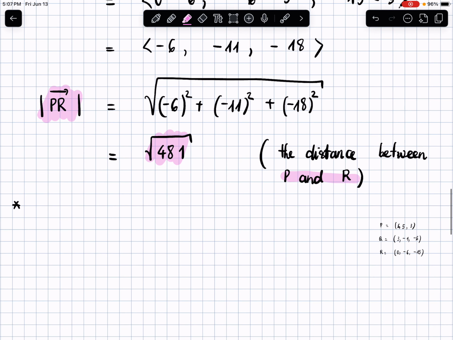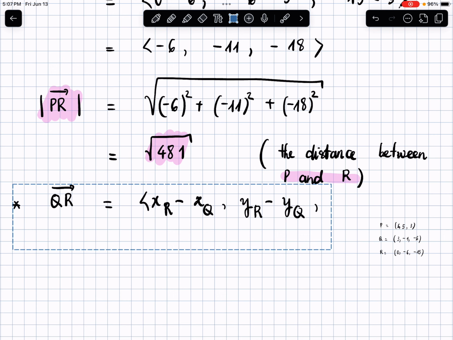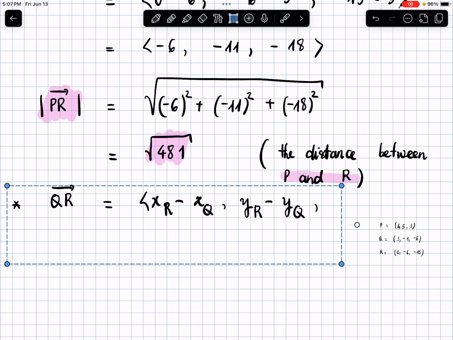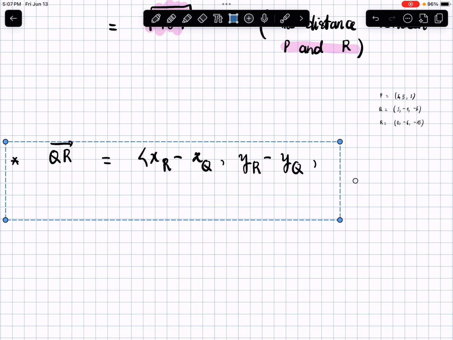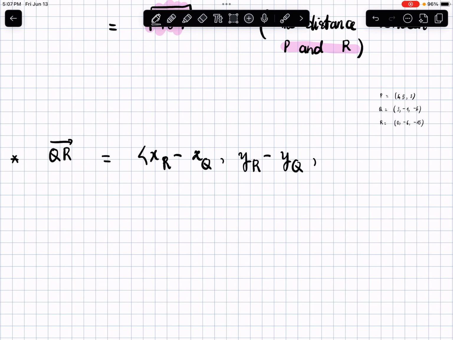And we need to compute the distance between Q and R. Now vector QR is given by XR minus XQ, YR minus YQ, and ZR minus ZQ.